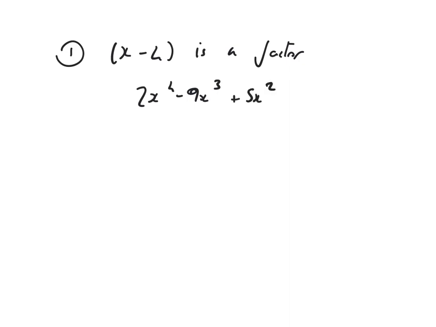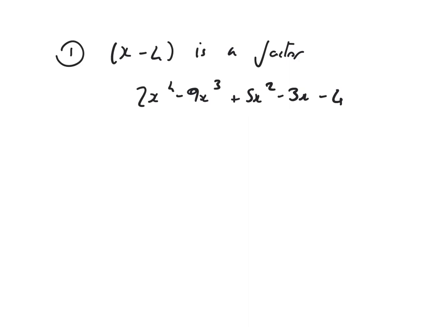So example 1, we're going to show that x minus 4 is a factor of 2x to the power 4 minus 9x cubed plus 5x squared minus 3x minus 4.